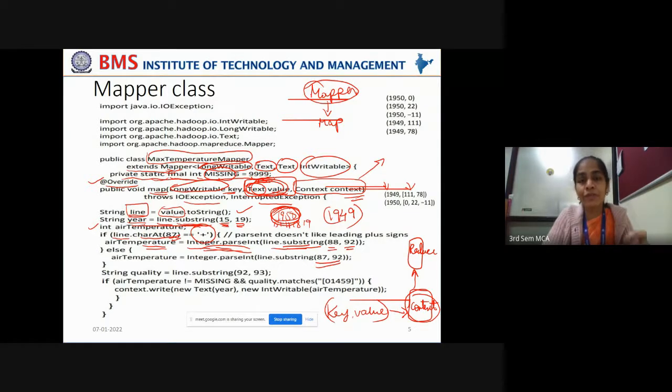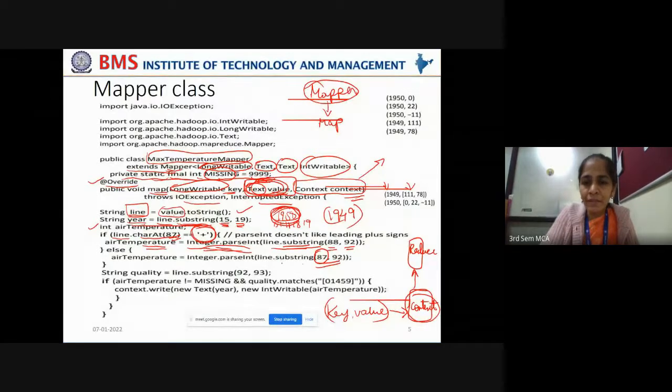Negative air temperatures show a drop in the air temperature; they indicate that the temperatures are very, very low in specific locations, right? To indicate that, we are capturing the air temperature right from the 87th character location if it is not plus.